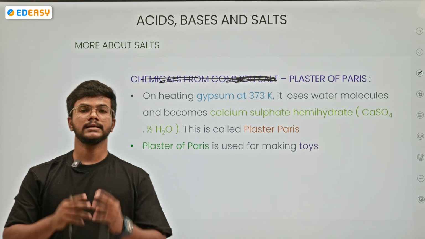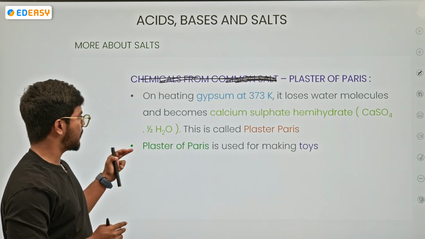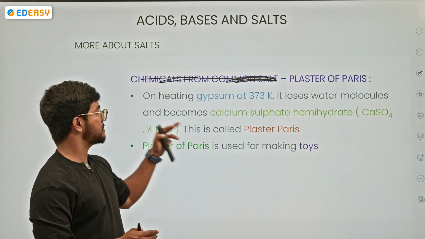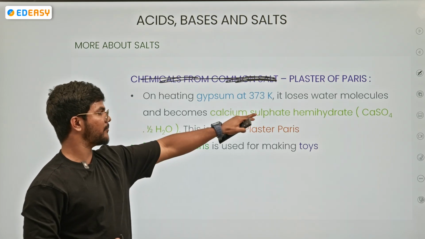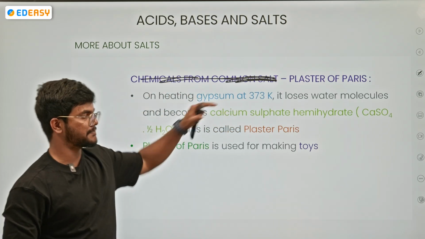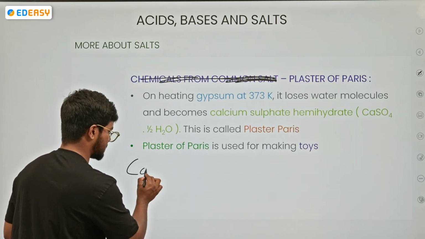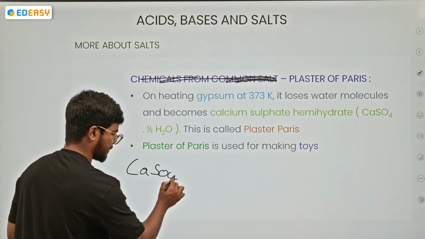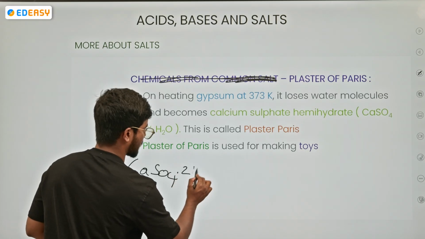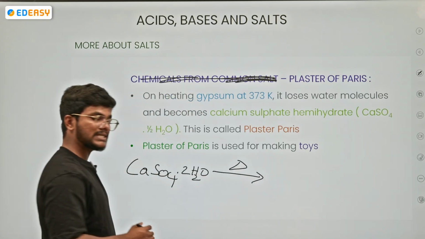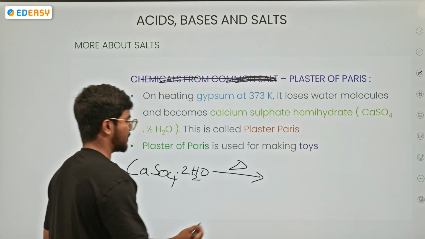Plaster of Paris is a compound called calcium sulfate hemihydrate, which is obtained on heating gypsum. What is gypsum? Gypsum is calcium sulfate with two aqua molecules.